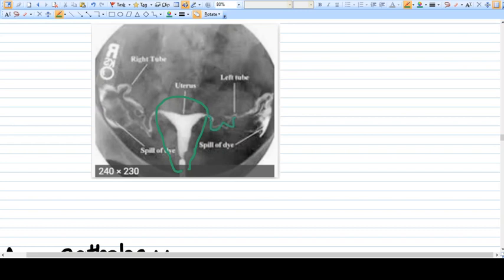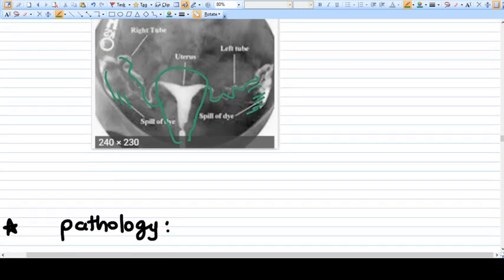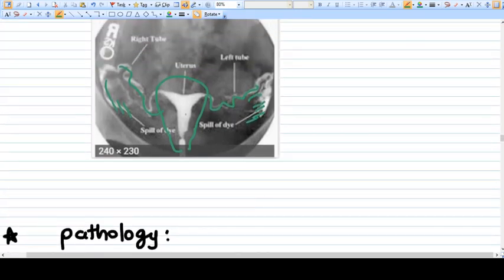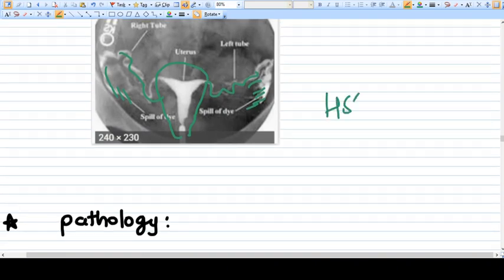The tube is tortuous, as everybody knows, and here is free spillage of dye. That means the tube cavity is okay and the uterine cavity is okay. Bilateral tubes are seen, and free spillage is also seen. So this is a normal HSG.